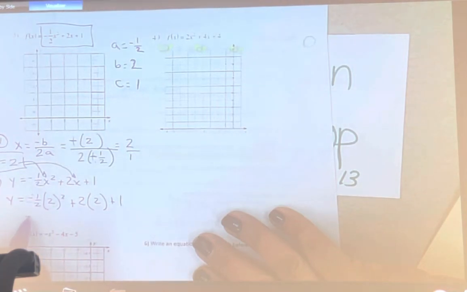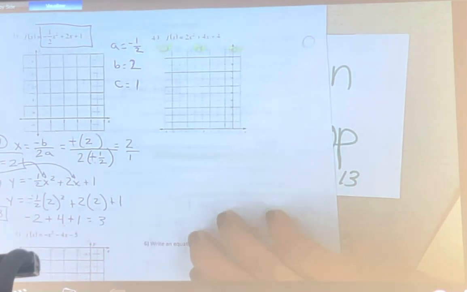So I write negative 2 plus 4 plus 1. Negative 2 plus 4 is 2, plus 1 is 3. So y equals 3. So now I have my x and y.